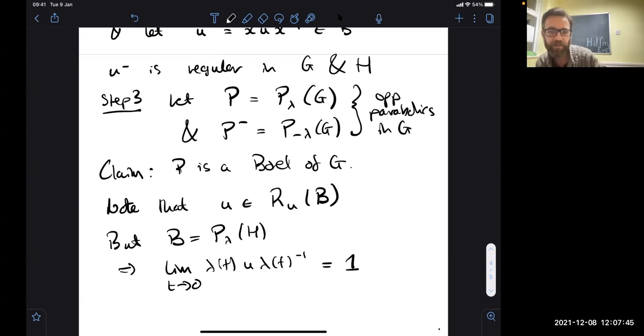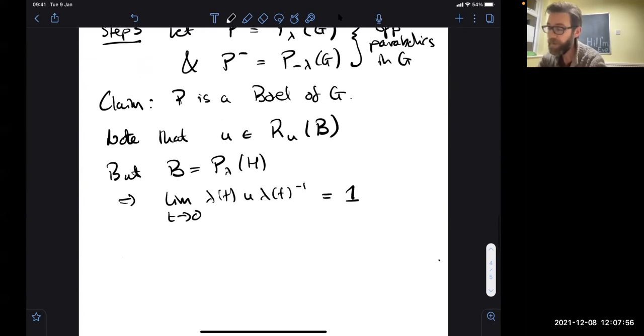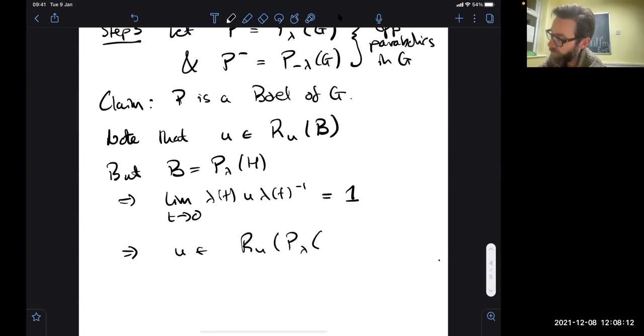So in particular, U is sitting in this unipotent radical. So the limit of lambda t U lambda t inverse as t tends to 0 is the identity. Now that limiting thing I've just written down doesn't see whether I'm taking the limit in G or in H. So this tells me, in fact, that U is in the unipotent radical of the big parabolic upstairs, P lambda of G.